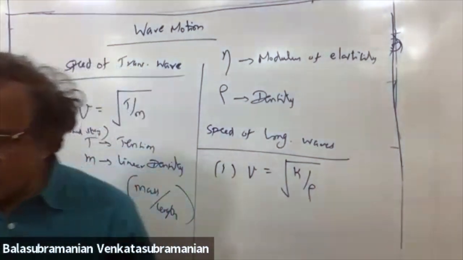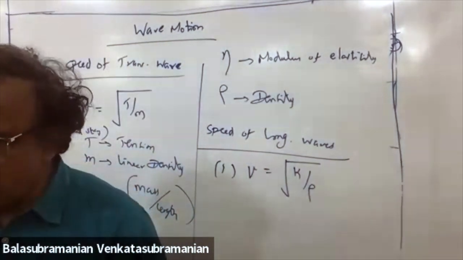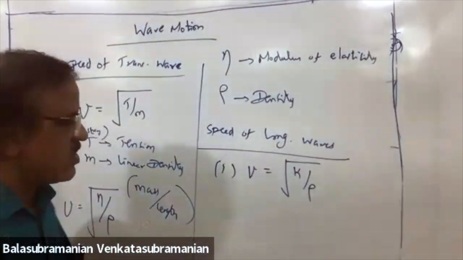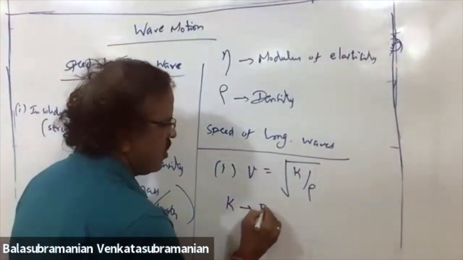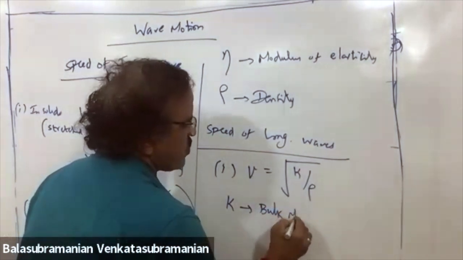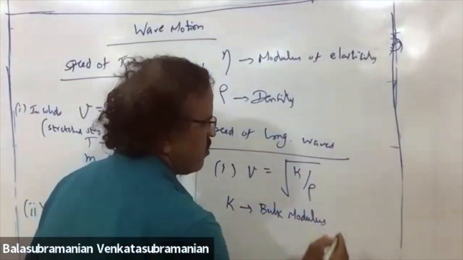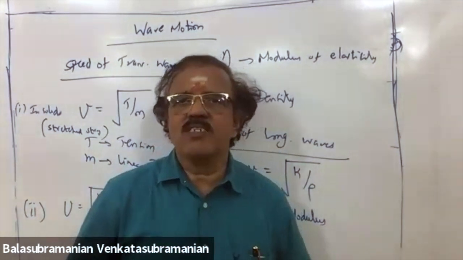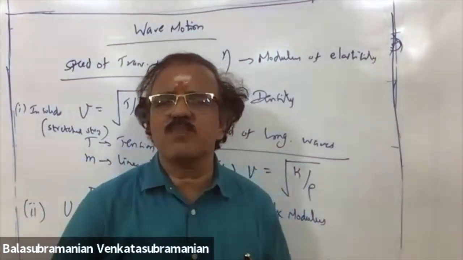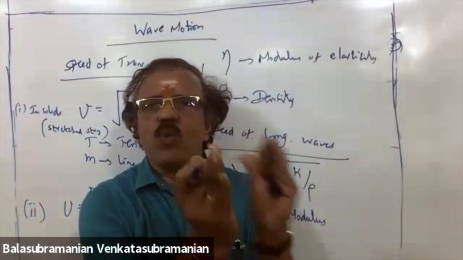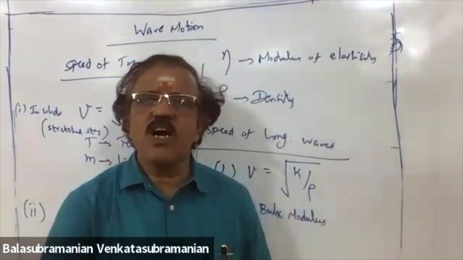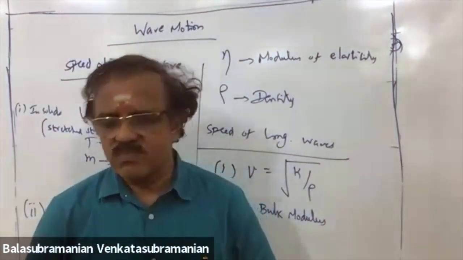Again, K is called modulus of elasticity or bulk modulus, we can say. K is called bulk modulus or modulus of elasticity. Both are same. Bulk modulus means you are considering the entire volume. Rho is called the density of the substance.